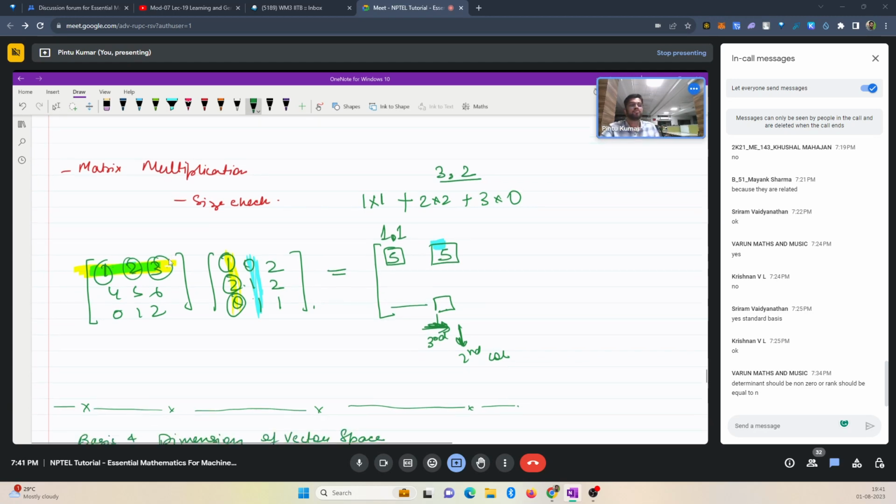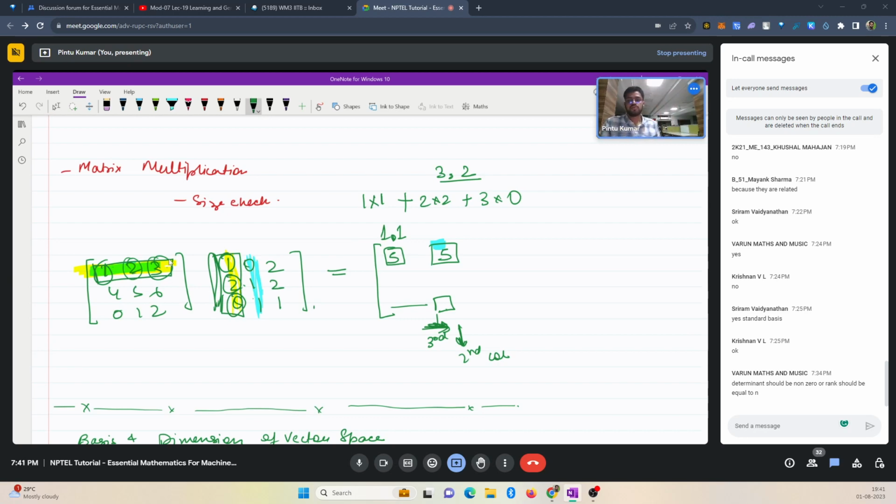Okay. Now one thing you should notice is that in order to multiply this particular row with this column, you should have the same number of elements in this row and in this column.